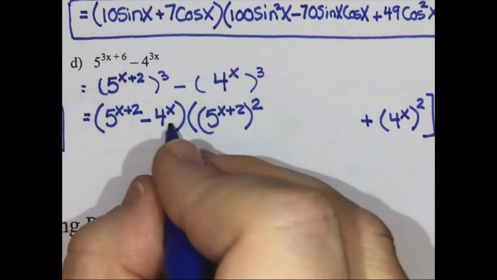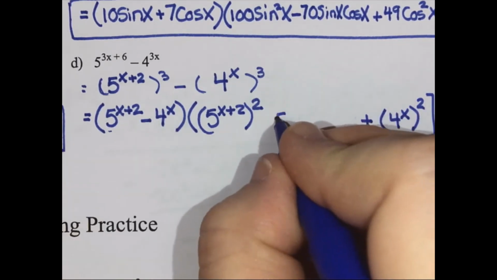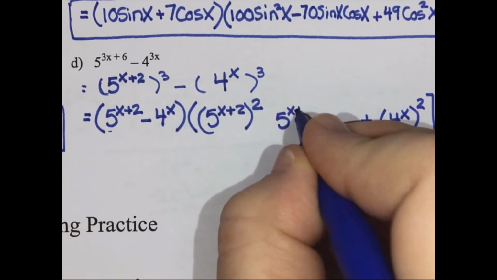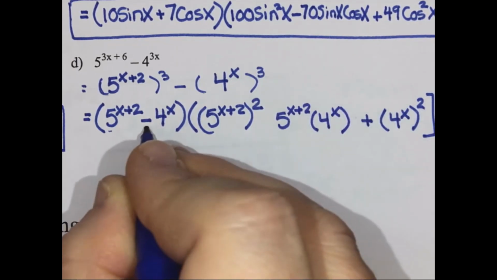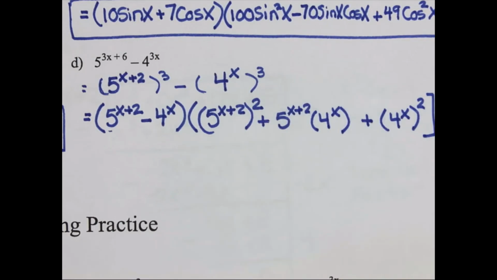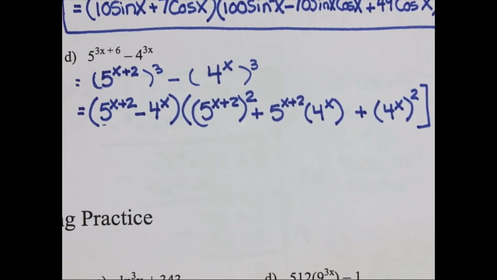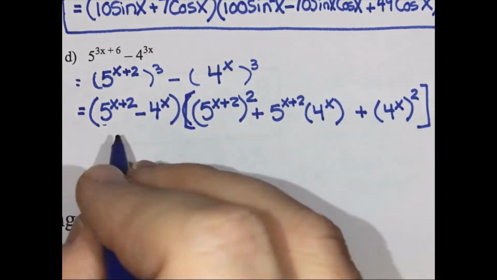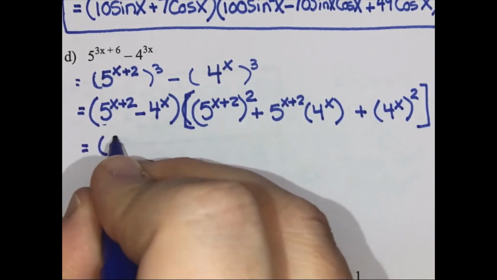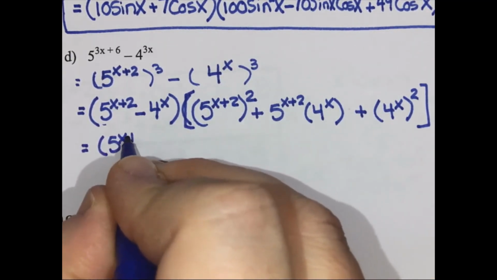And then I multiply the two together, so that's going to be 5 to the power of x plus 2 times 4 to the power of x, and if this is a minus, that should be a plus. So I'm not going to factor further, but I am going to see if I can at least simplify this a little bit. I didn't really square, I just wrote what I was going to do because I wanted to think about it a little bit more.